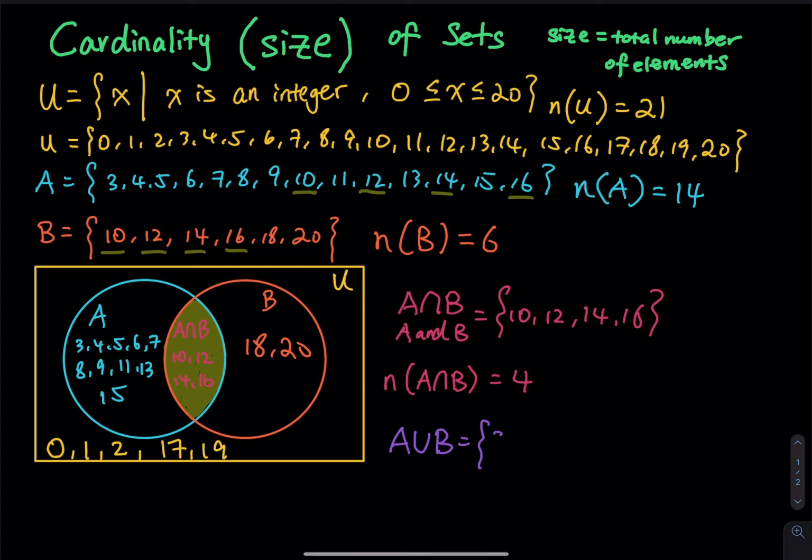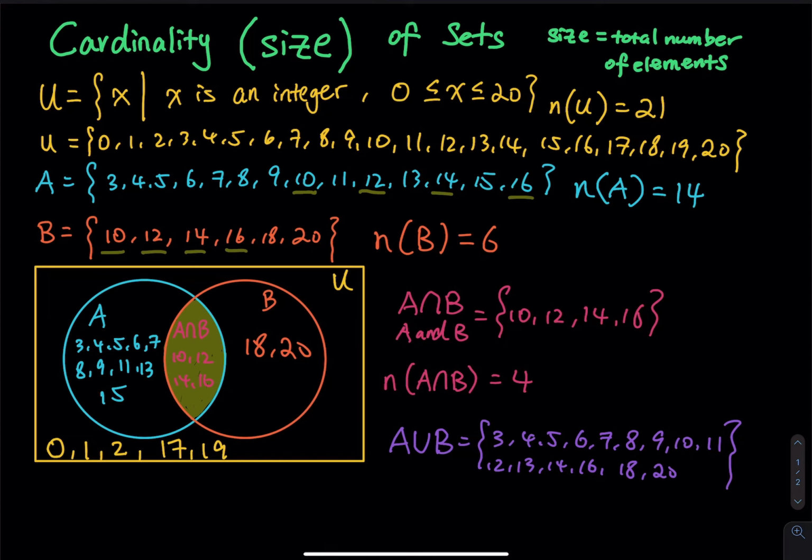So let's write this down. 3, 4, 5, 6, 7, 8, 9, 10, 11, 12, 13, 14, 15, 16, and then what else? No repetition. So if you go all the way up to 16, then we have 18 and 20. So that's all the numbers in blue, in orange, and in red.